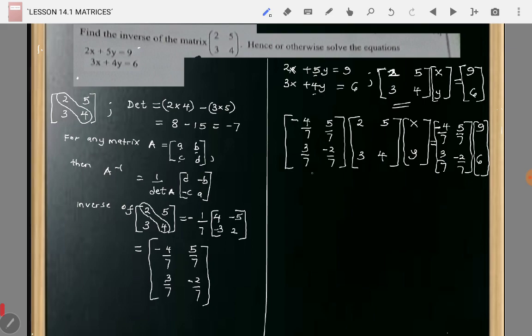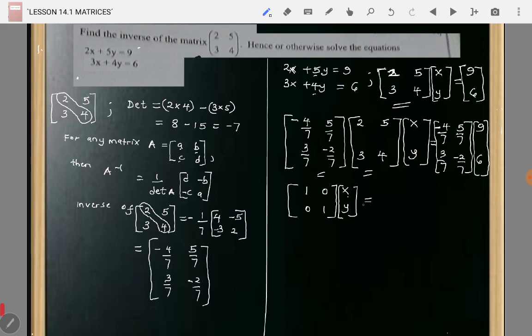Now the left hand side, when we pre-multiply a matrix with its inverse, we usually get an identity matrix, which is 1, 0, 0, 1. And we have x, y.